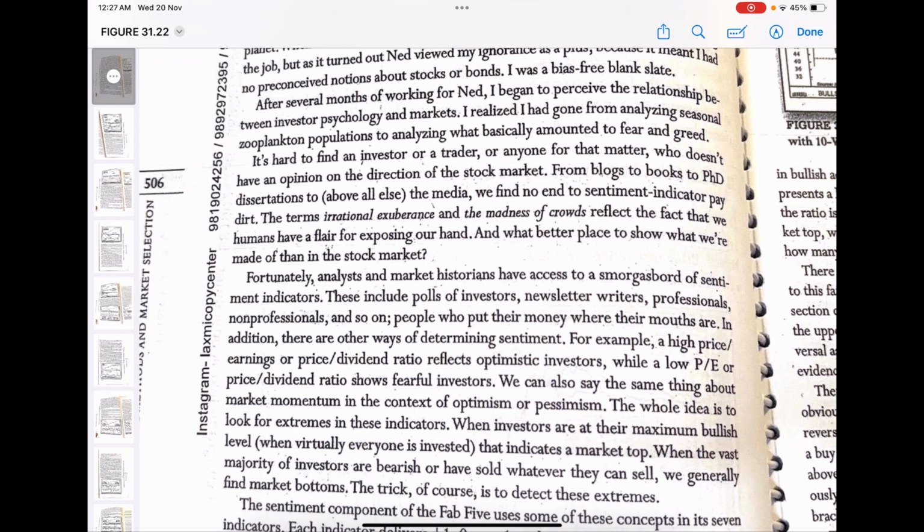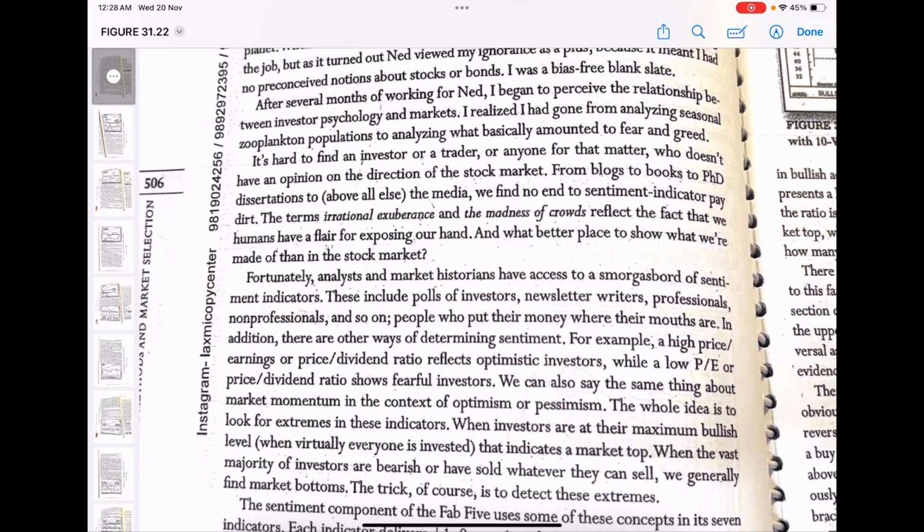After several months of working for Ned, I began to perceive the relationship between investor psychology and markets. I realized I had gone from analyzing seasonal zooplankton population to analyzing what basically amounted to fear and greed. It's hard to find an investor or a trader or anyone for that matter who does not have an opinion on the direction of the stock market.